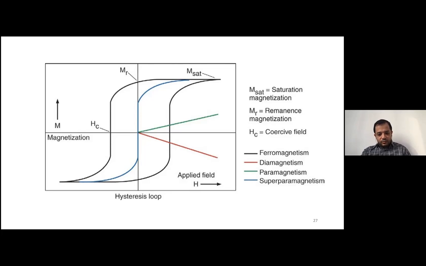And it is super important because this lack of hysteresis means that it does not retain magnetization. The way that happens is when we go very small in particle size. A typical example of that is iron oxide.